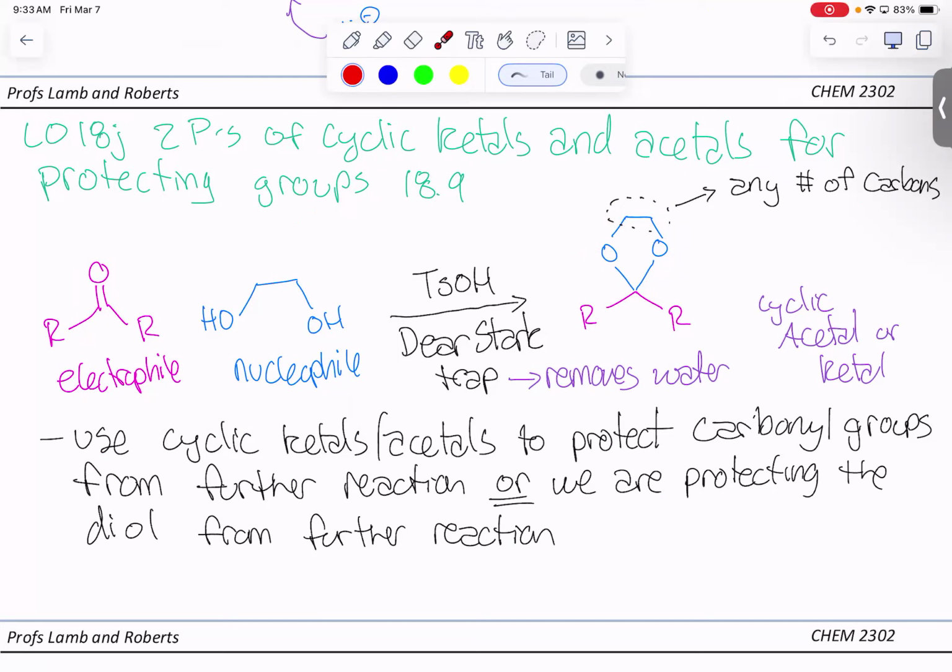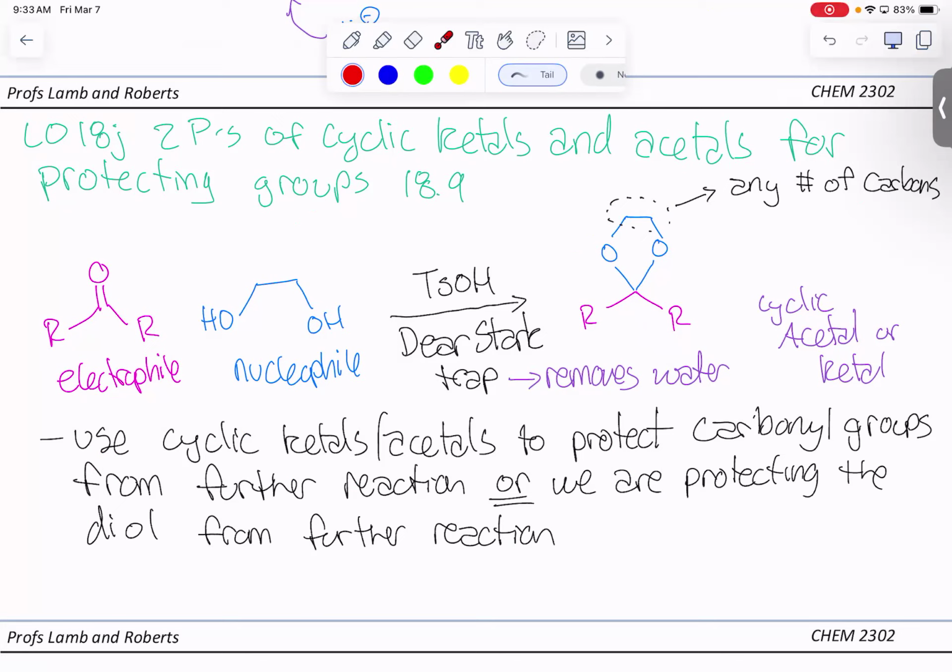All right. Say we wanted to add a Grignard reagent to this, right? That would react. We often use protecting groups. Say we had an aldehyde and a ketone in our molecule, and we only want our organomagnesium reagent to react with one of them, then we protect the other one, all right?